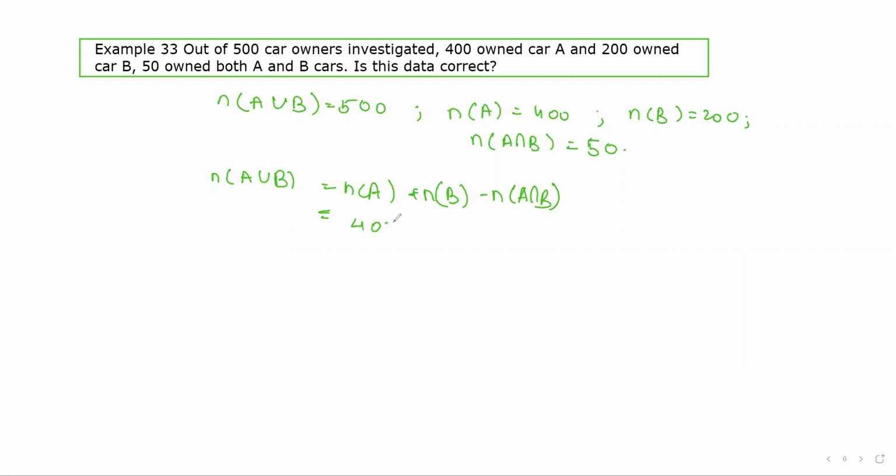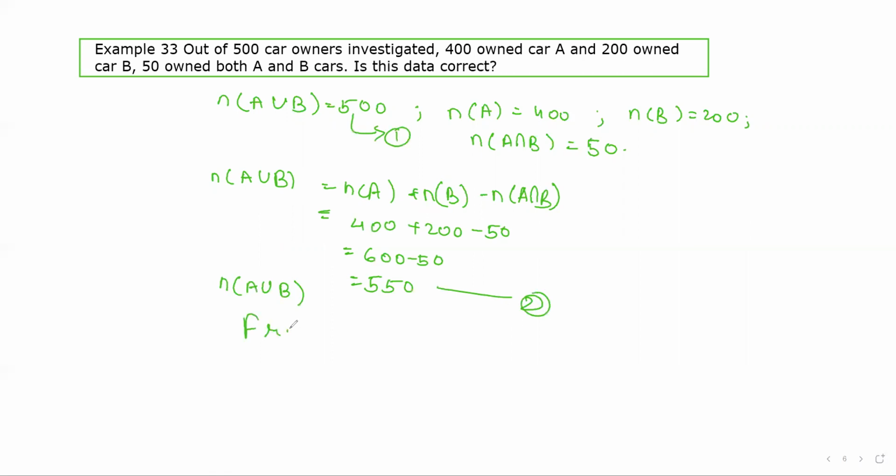Placing the other values on the RHS, this is 600 minus 50, which is equal to 550. So from your calculation, n of A union B comes to 550. But this is not equal to the given data, which is 500. So from 1 and 2, the given data is incorrect.